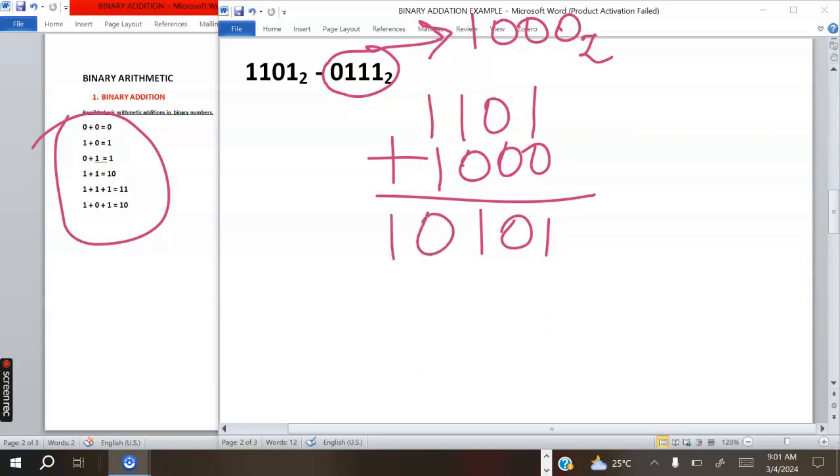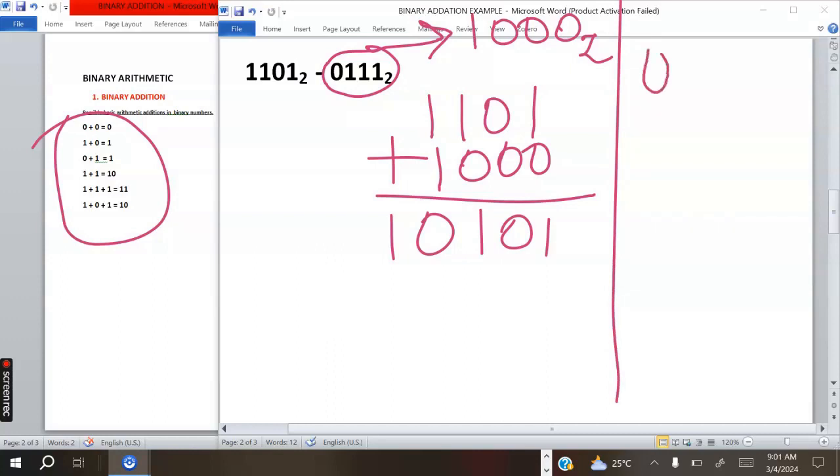Now, if you look at the original number, we had 4 bits, but for our next case, we have 5 bits. So remember what we had already done in the previous case. What you're supposed to do is carry to the least significant bits.